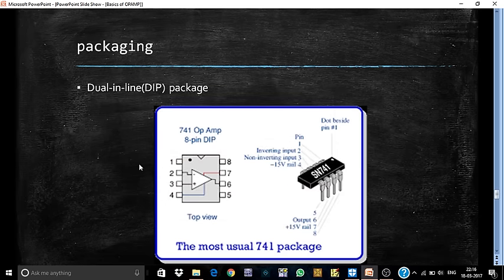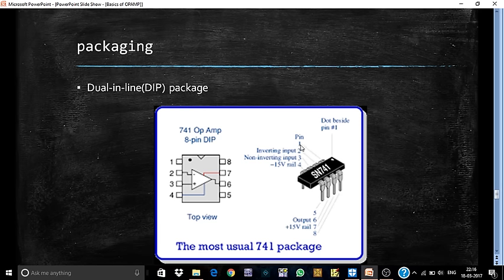And now we'll discuss packaging. There are three types of packaging of the op-amp: one is dual inline package, one is quad dual inline package, and one is metal can package. LM741 is basically a dual inline package. It's an IC, and there is a knob indicating the starting pin position, and the pins are 1 2 3 4 5 6 7 8.